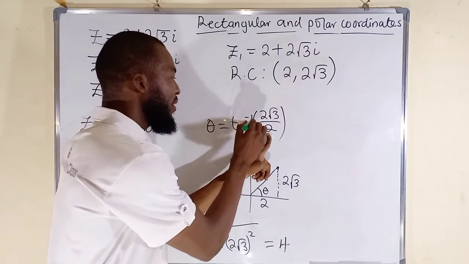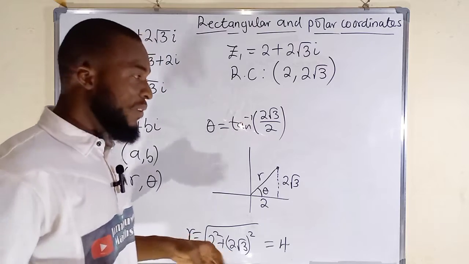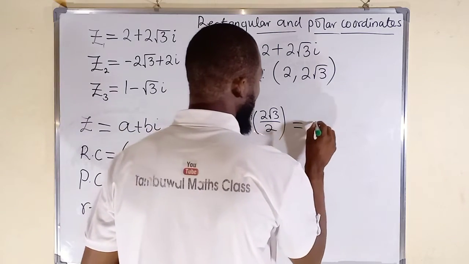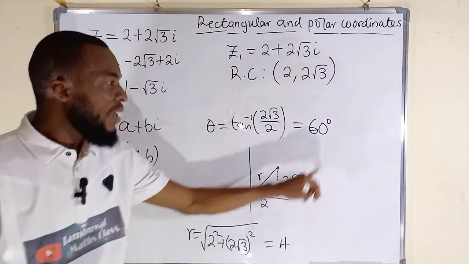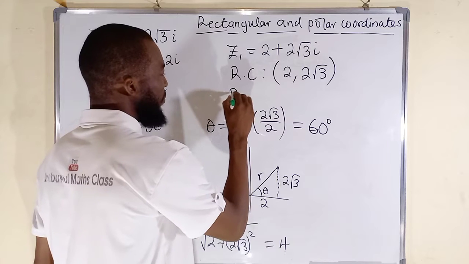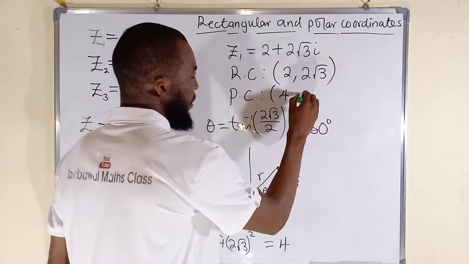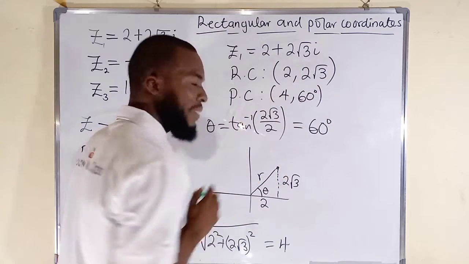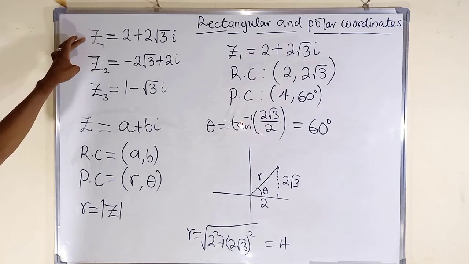So we have tan inverse of root 3, which is 60 degrees, or pi over 3, but I want it in degrees. So this is 60 degrees. So we have gotten our r and our theta, and we can directly write the polar coordinate PC as (4, 60 degrees). Now this is all about question number 1, that is z1.